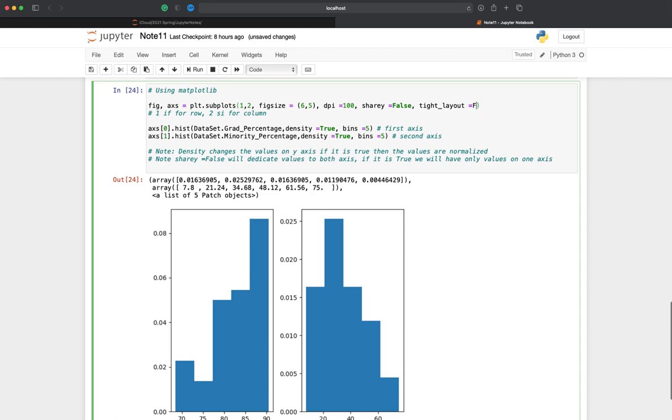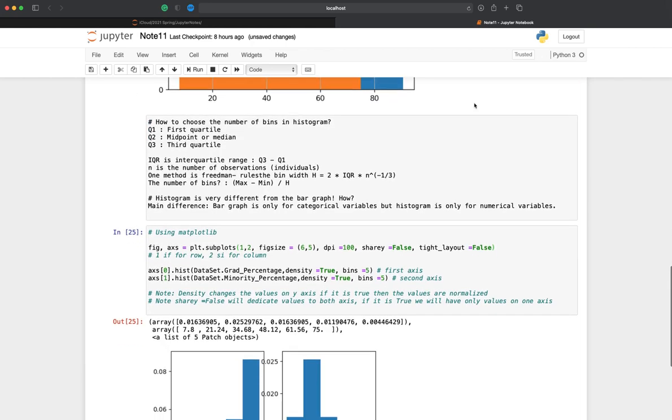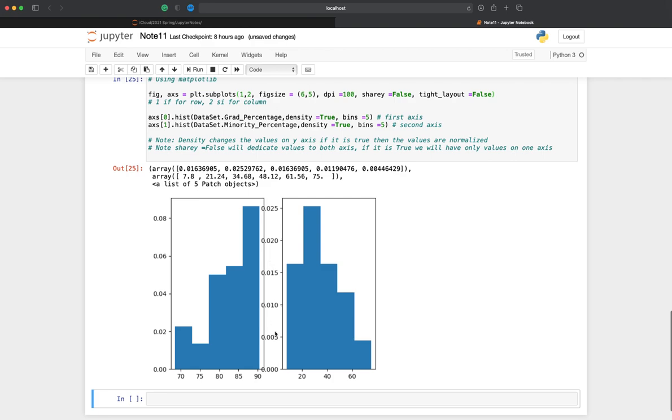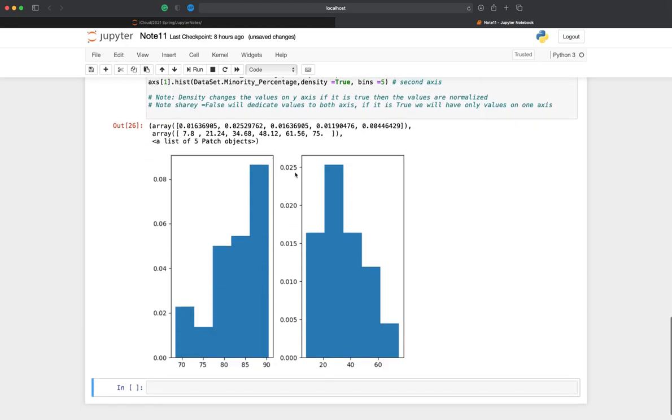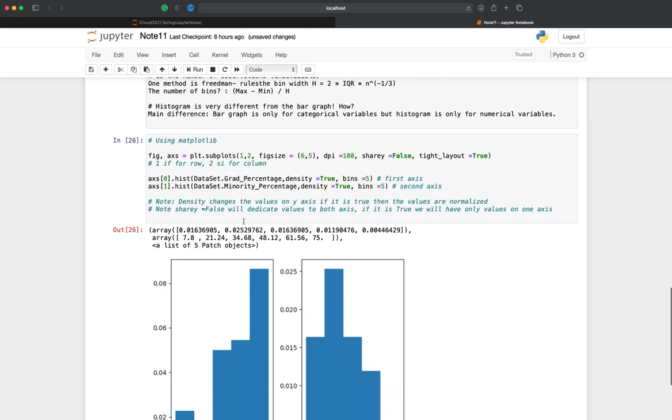If I change this to false, you will see they are colliding kind of. So if we have longer numbers for the y-axis, we must set this tight layout to true, so our two plots are distanced properly, right?